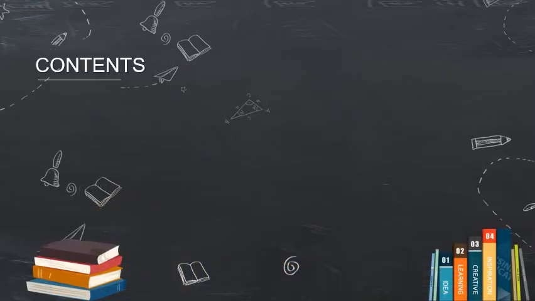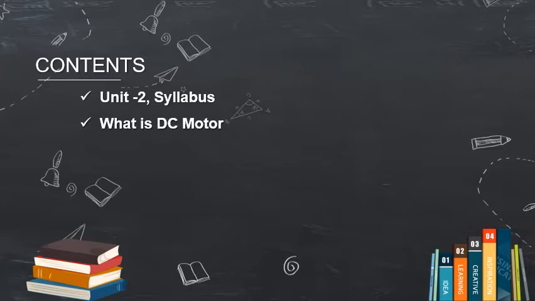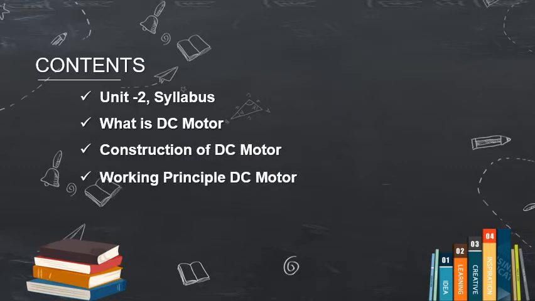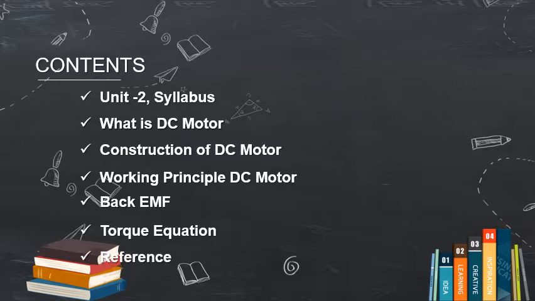In this lecture, we will study the syllabus of unit 2, what is DC motor, its construction, working principle of the DC motor, what is back EMF, meaning electromotive force, torque equation of the DC motor, and finally the references of the presentation.